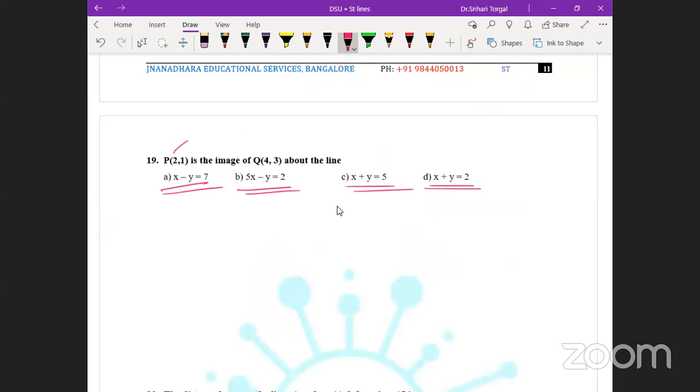So just take the midpoint of these two. 2 plus 4 is 6, 6 by 2 is 3. 3 plus 1 is 4, 4 by 2 is 2. The line which satisfies (3, 2), that is the answer. Only option C: 3 plus 2 is equal to 5. Right?